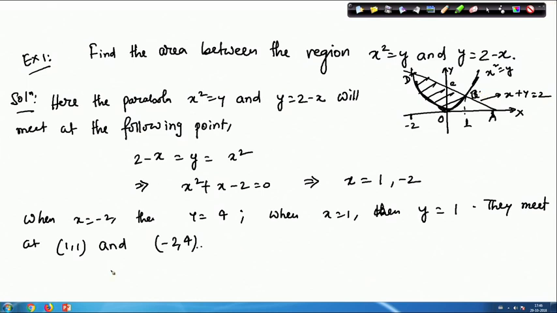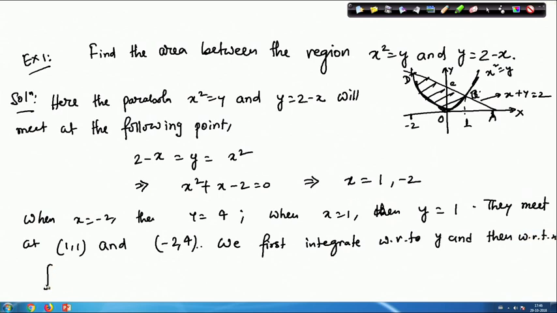Now let's calculate the area in this way. So we first integrate with respect to y, and then with respect to x. So that's how we are maintaining the order.